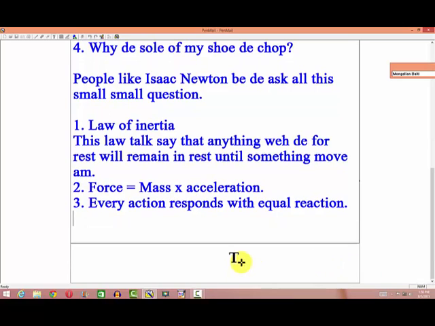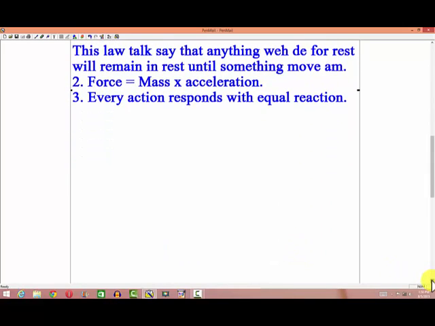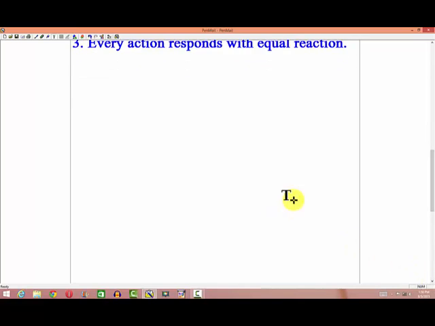So now these little laws of physics moved things forward for many years.